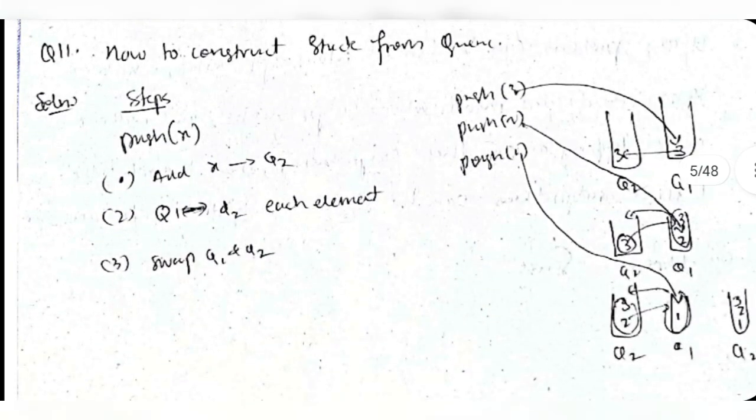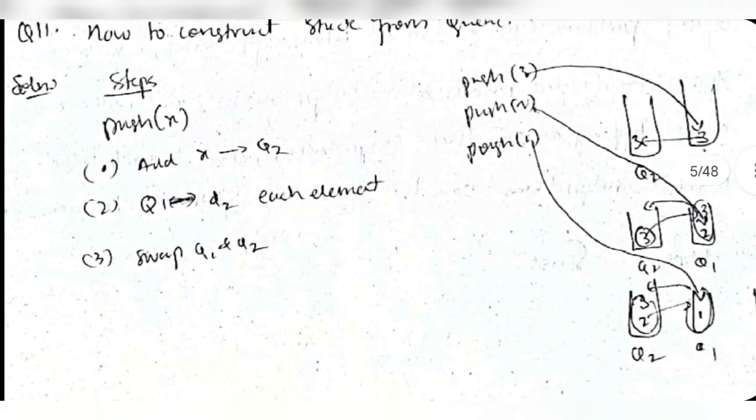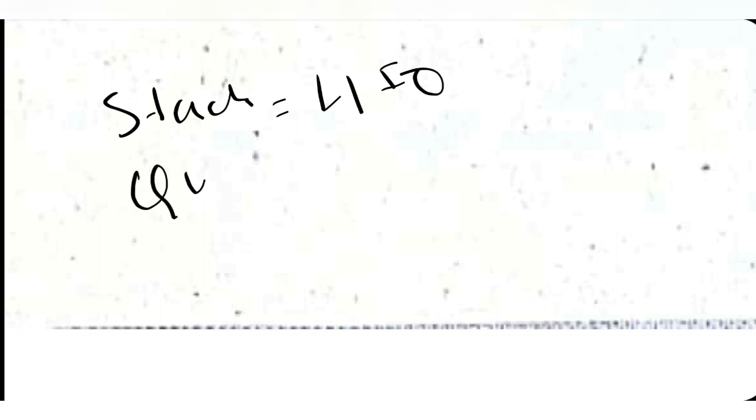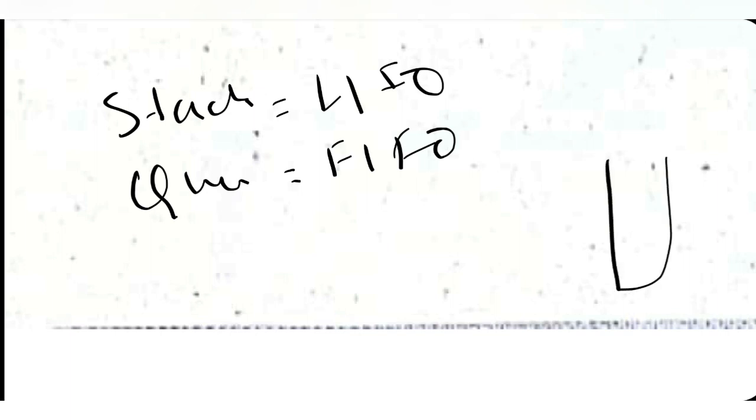Next question is how to construct a stack from a queue. Okay, what we are supposed to do is we have to construct a stack. Stack is LIFO, last in first out, and queue is nothing but first in first out. So how to construct a stack from a queue, which means that suppose that I have the elements here 1 2 3.